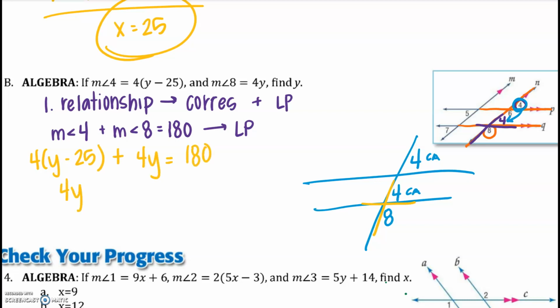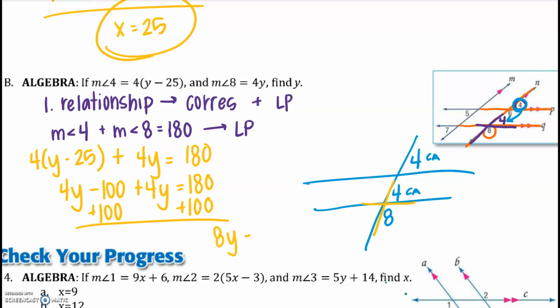I get 4y minus 100 plus 4y is equal to 180. Don't forget to use your correct math skills. I'm going to combine like terms: 8y equals 280. Divide by 8. y equals 35.